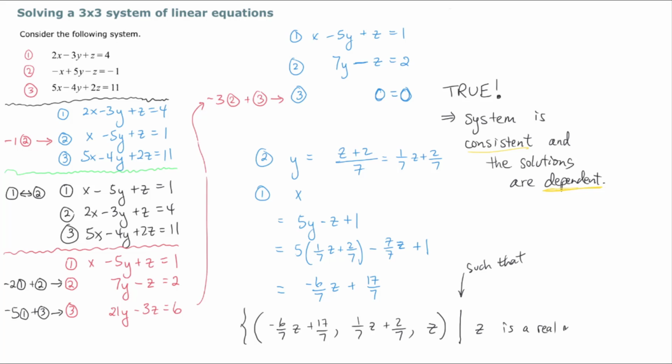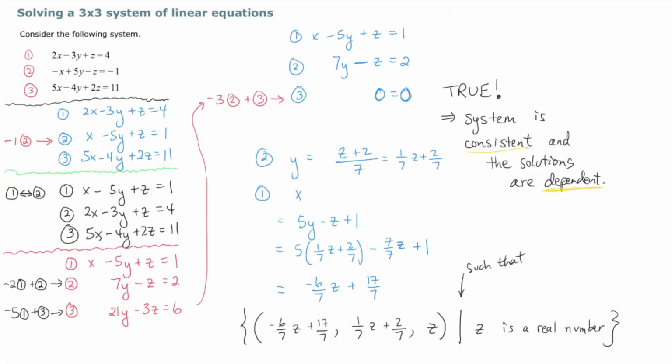So every ordered triple that satisfies the system of equations has to have these kind of relationships. Your x value is very, very specific, but you actually have to have this kind of pattern. Now your dependent variable could have easily been y. So you actually had two choices here.